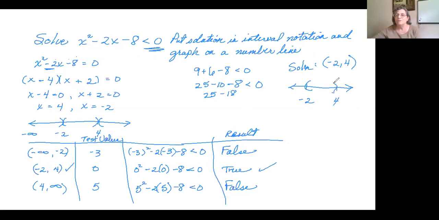It's the numbers in between marked off with parentheses. So there's a lot of steps, but you need to actually go through, solve the equation, and then don't make an assumption. You need to check your intervals and make sure it's working. See what works and what doesn't.